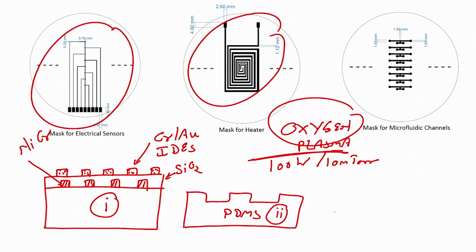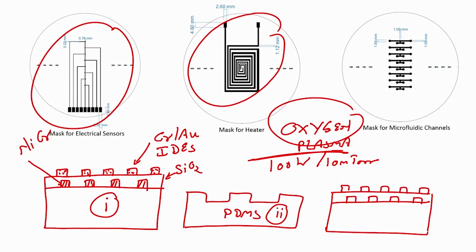Next step would be, I have a glass wafer, I have a micro heater, I have interdigitated electrodes on which I am loading this substrate, right.